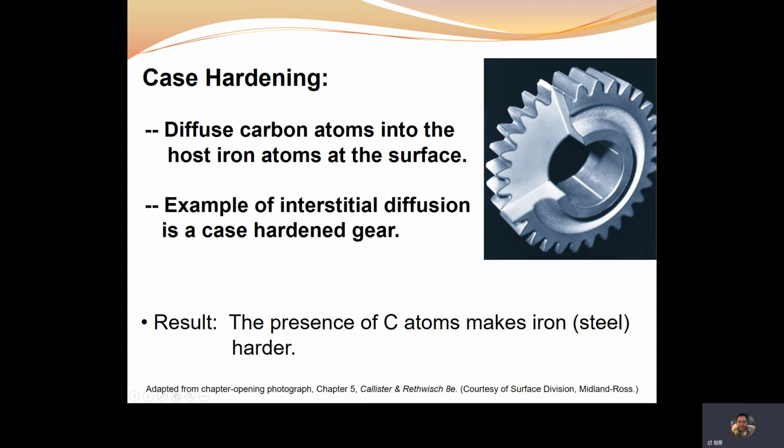Of course, for example, we have gears. The gear body should have enough strength. However, when we use it to transmit power, the contact point or contact surface between each gear should have very strong hardness on its surface for transmitting this power, because wear will happen between the surfaces.